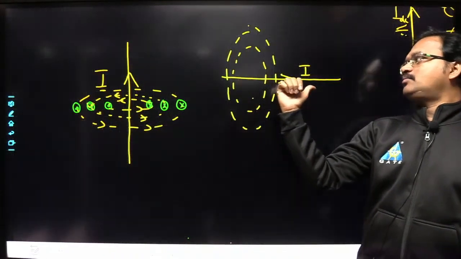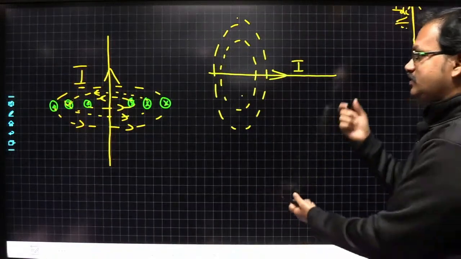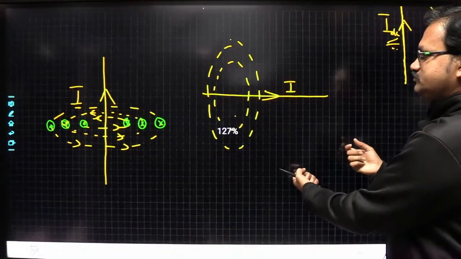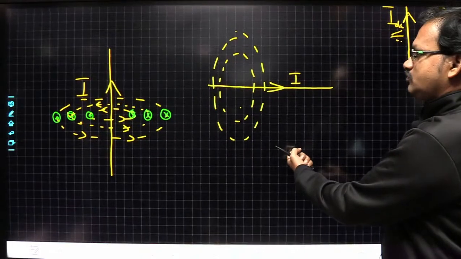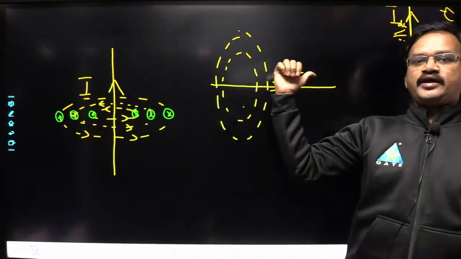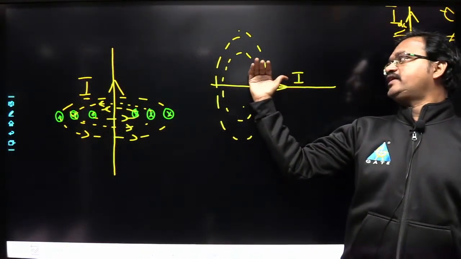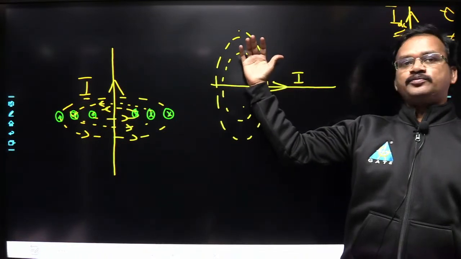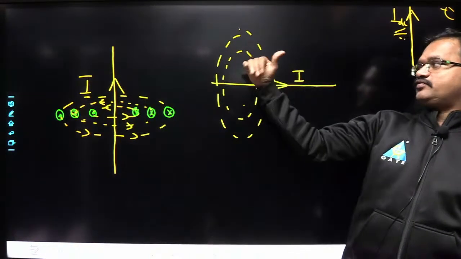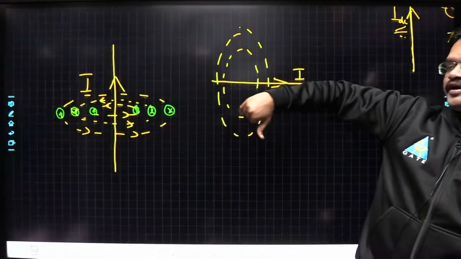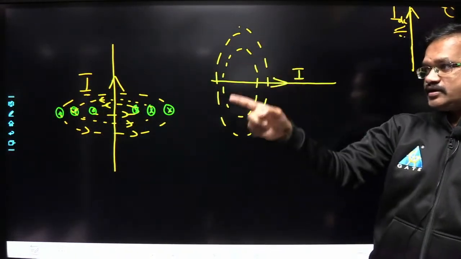If you point the thumb along the current direction, above this wire the B field is going to point out of the board, and below this wire the B field is going to point into the board. So they are coming like this here. Yes or no?